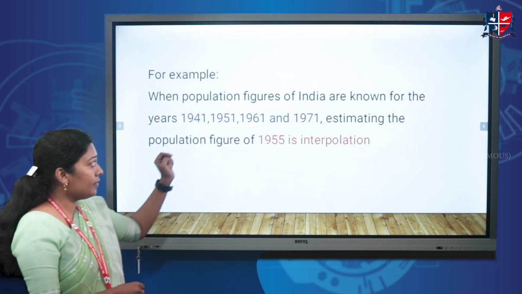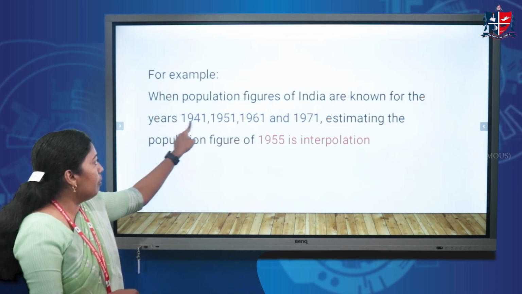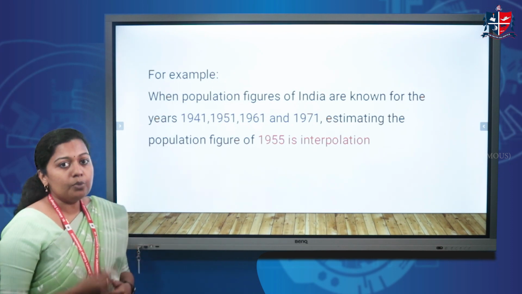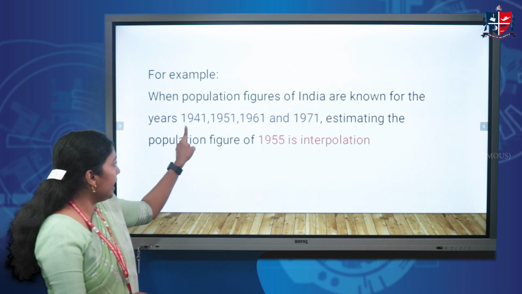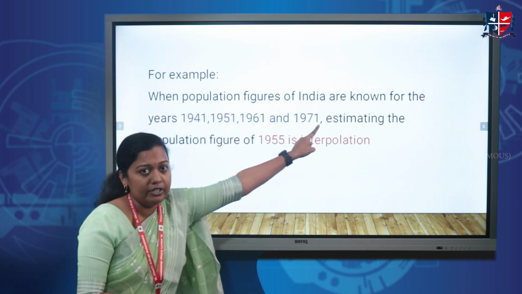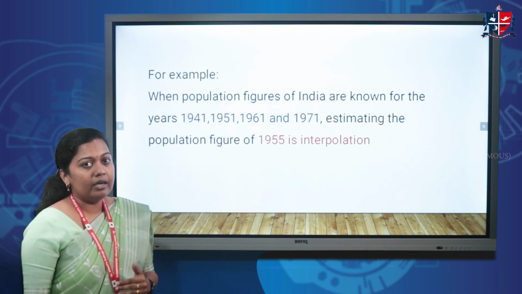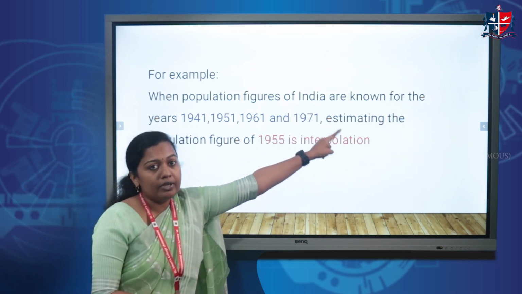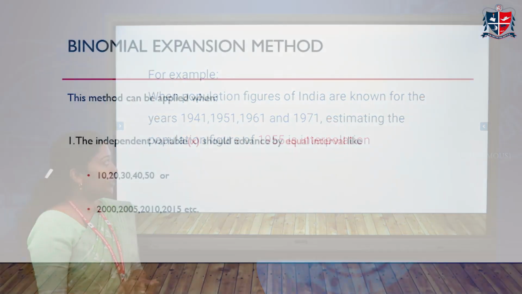That is, we can estimate the figure for 1955 with the help of all these population figures. If the value to be estimated lies in between these ranges, that is 1941 and 1971, it is the case of interpolation. And if we are estimating the figure for any year after 1971, that is the case of extrapolation.